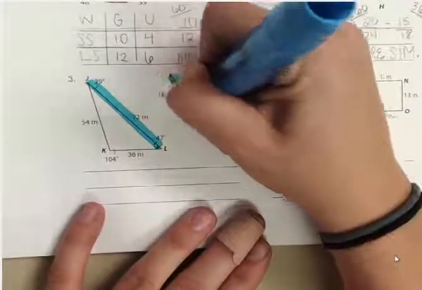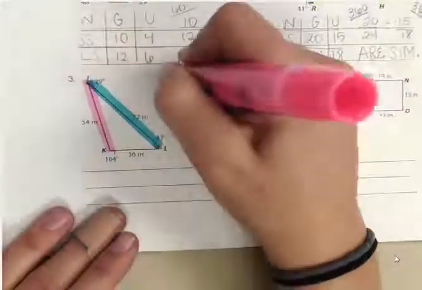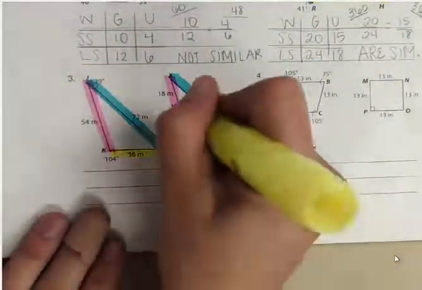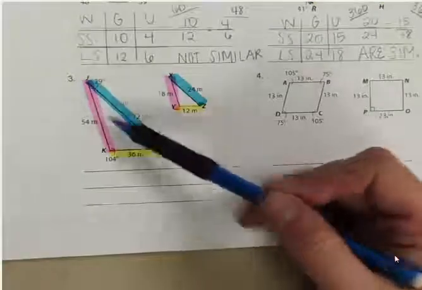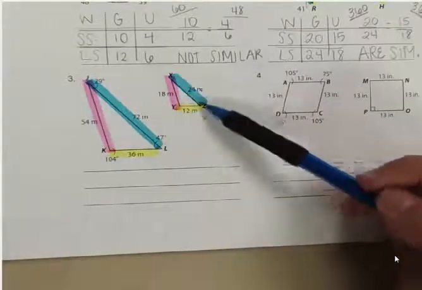This and this. This and this. Now, I see angle measures. I'm always going to check for angles first, because angles are easy to compare. Angles, no angles. Can't use the angle trick. Okay, so now I have 1, 2, 3, 1, 2, 3.